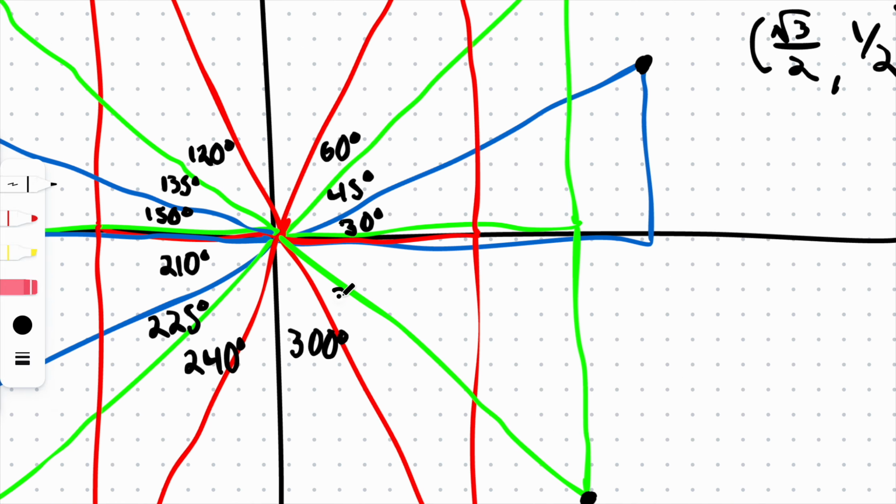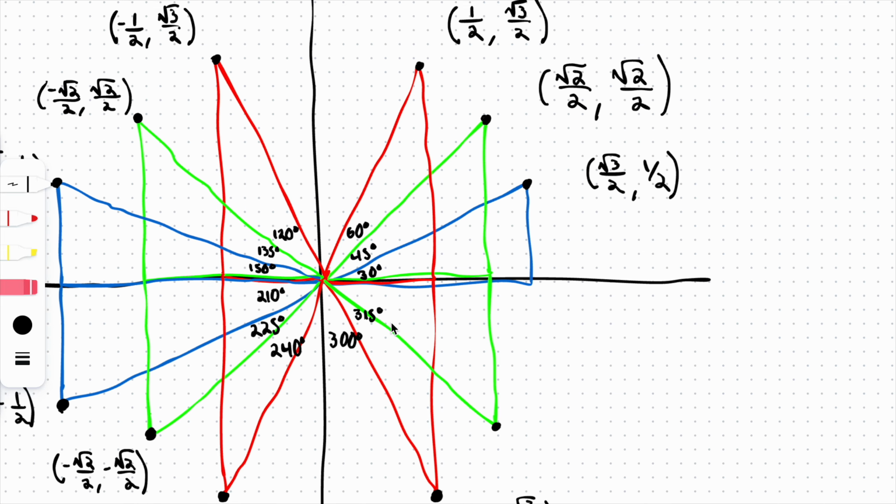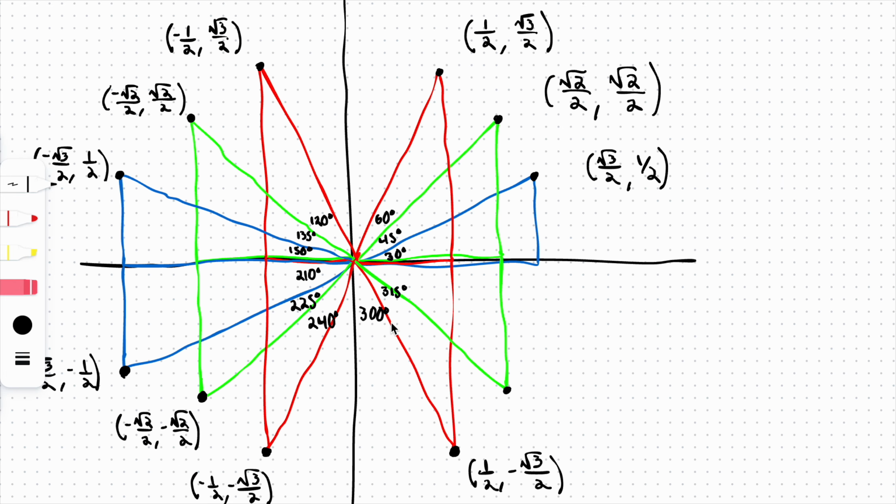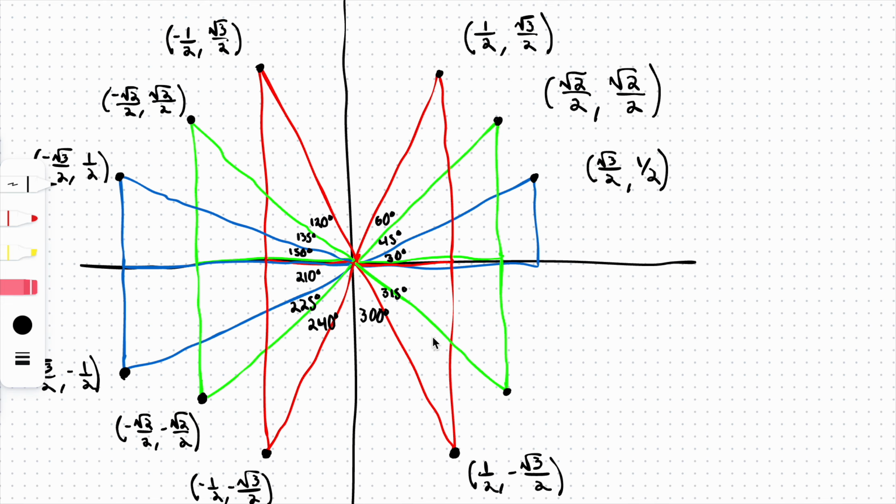And some of these angles, I don't really know how to annotate them, where to put it, but 315. I'll show you some things after. So 315 degrees, this is a green triangle, so a 45 degree triangle. And so our coordinates here are, our x value is going to be positive, our y value is going to be negative.